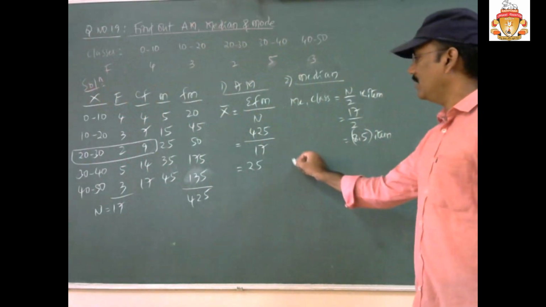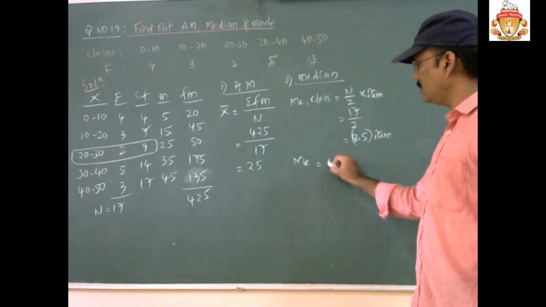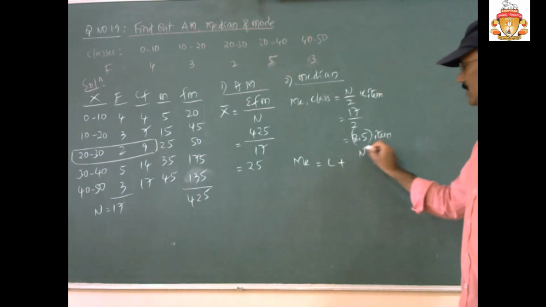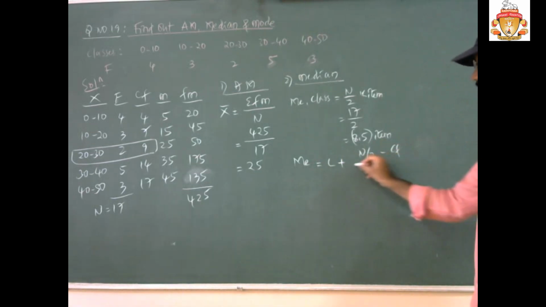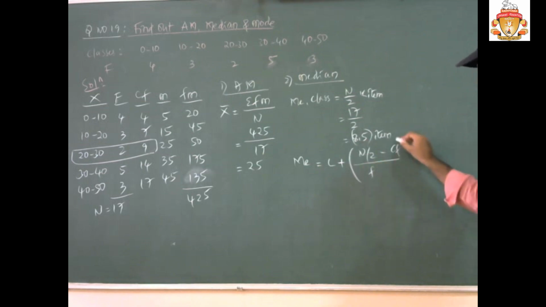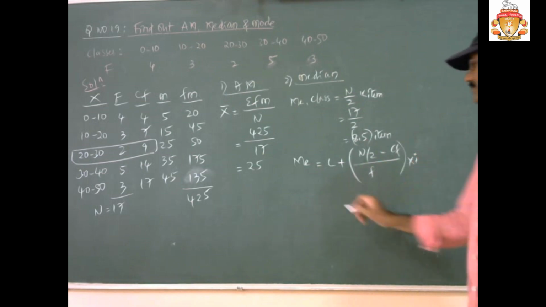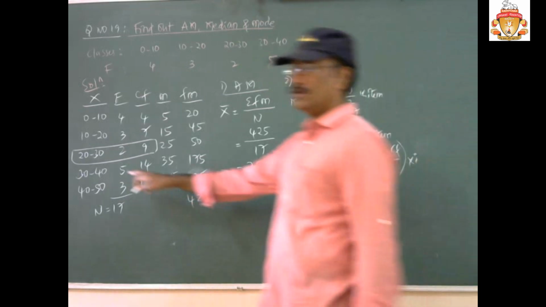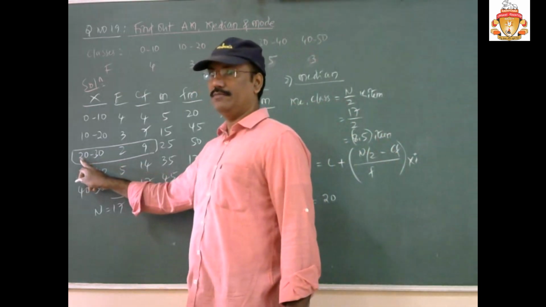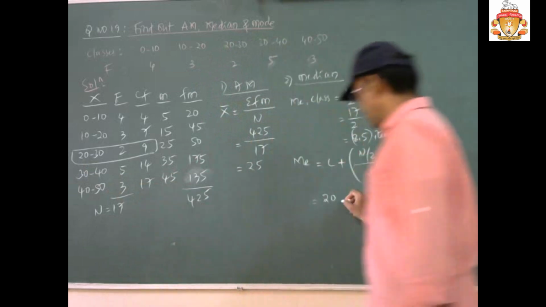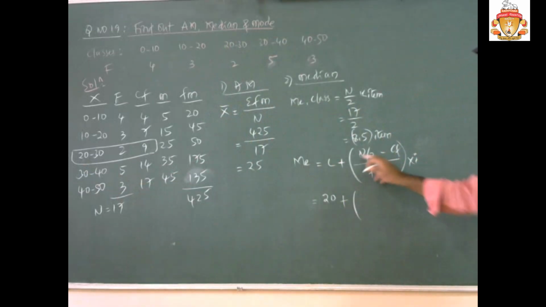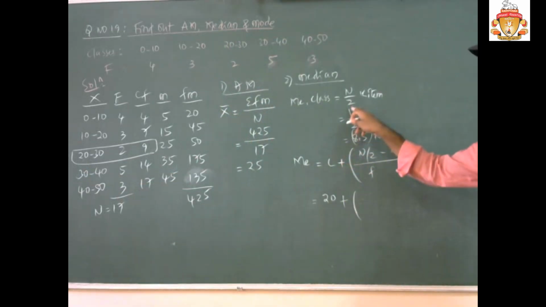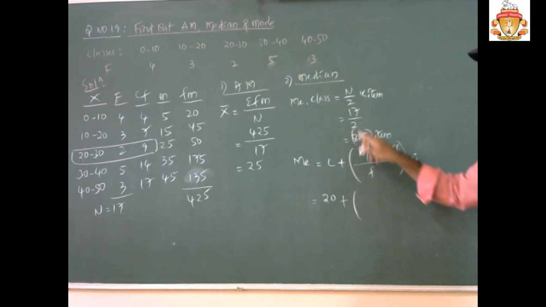Then you apply the formula. Median equals L plus n divided by 2 minus CF, divided by f, into i. What is L? L is 20, the lower limit of the median class. Plus n by 2: n is 17 divided by 2, already done, 8.5.